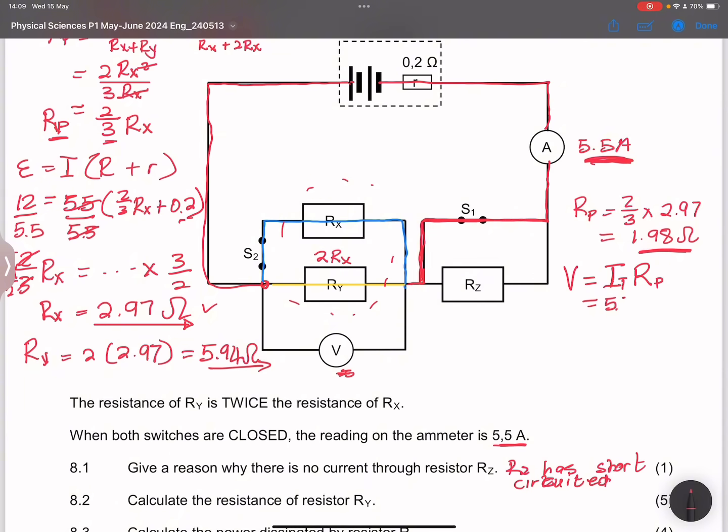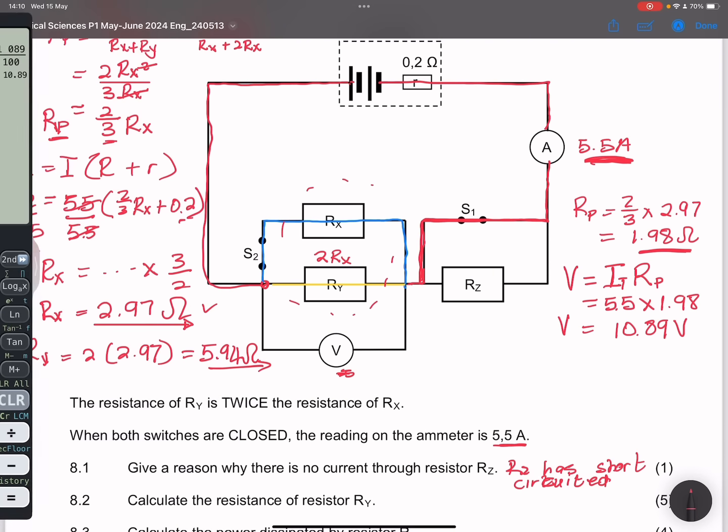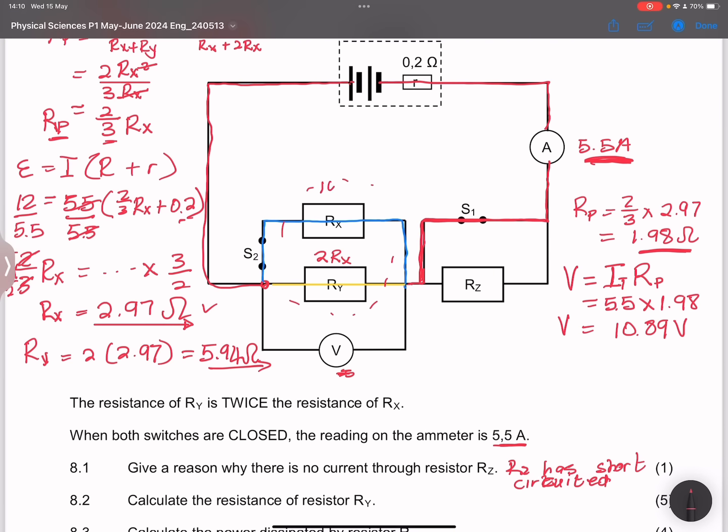So this would be 5.5 multiplied by 1.98 volts. Let's find out what that is: 5.5 multiplied by 1.98 gives me 10.89 volts. So that's the voltage there. But remember, what did we say? It means the voltage there would also be 10.89 volts as well.